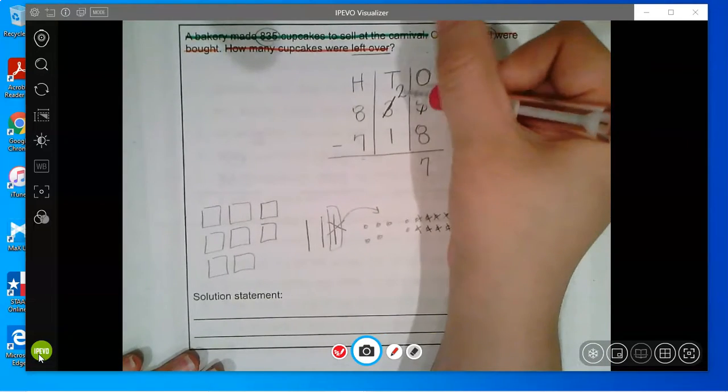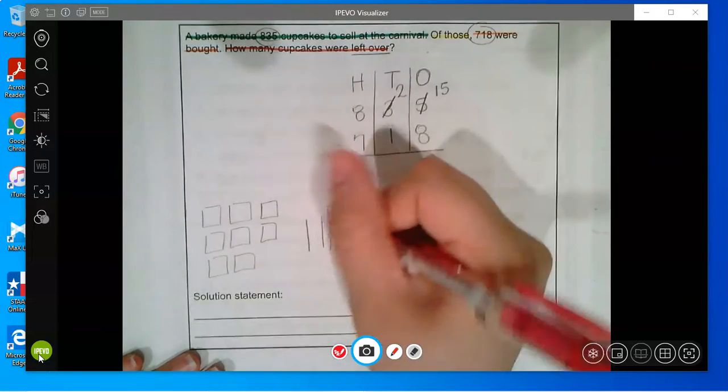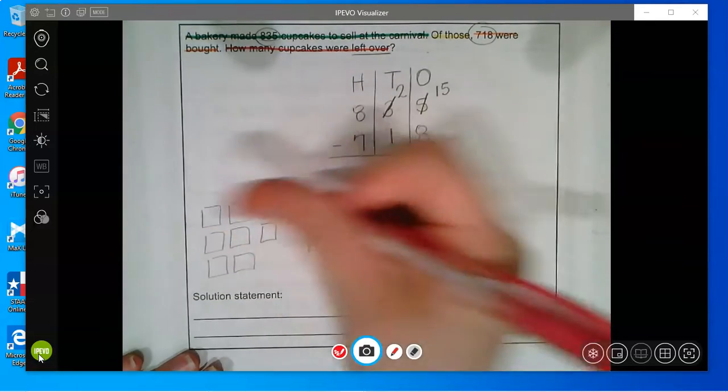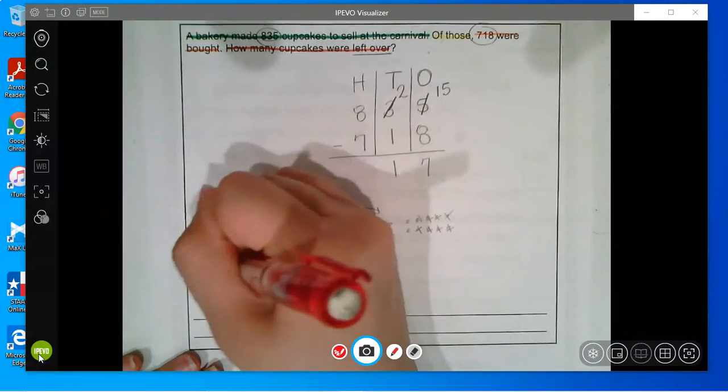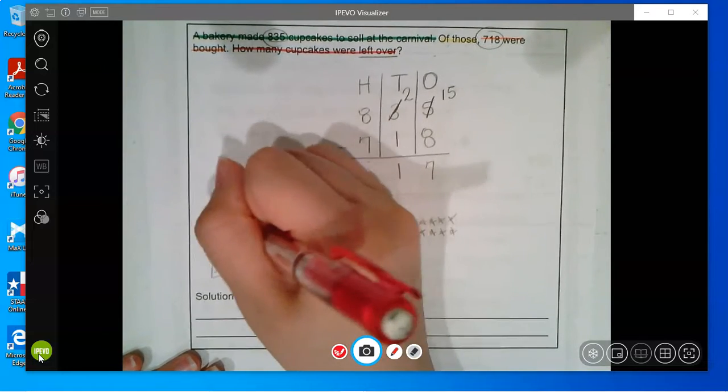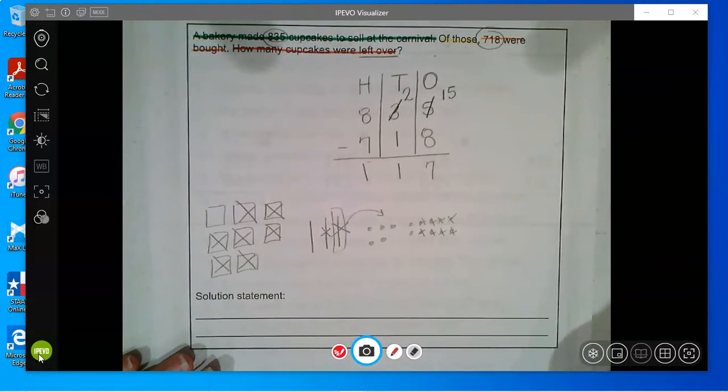Now if I go to my tens place and I do 2 minus 1, I can take a 1 from the 2 and I'm left with 1 10 long. And then my hundreds place, if I take away 7, I'm left with 1 hundred flat.